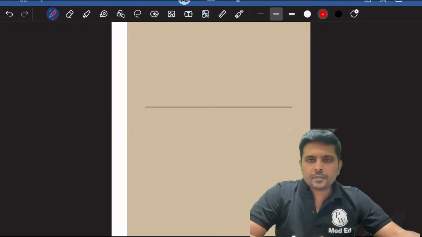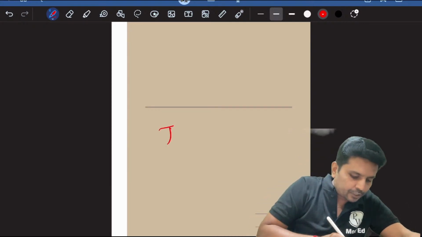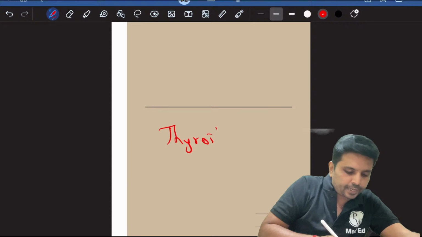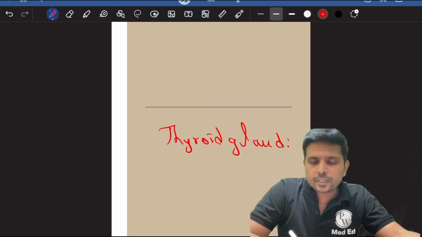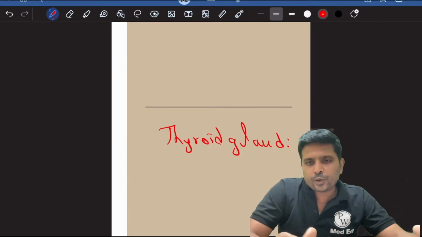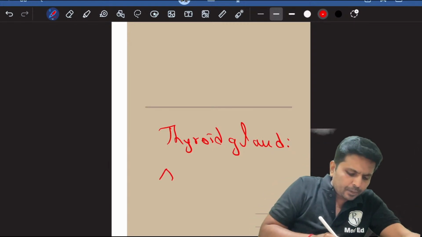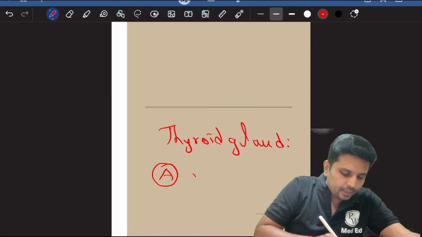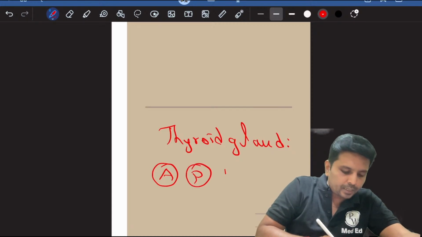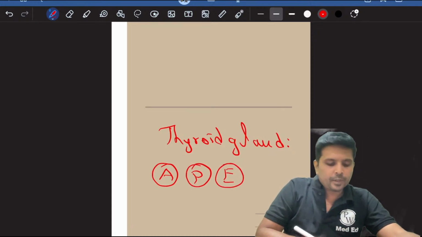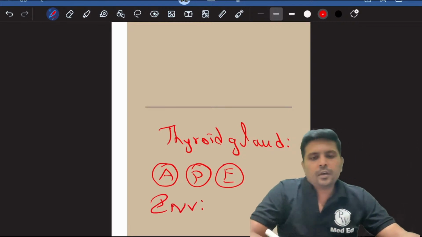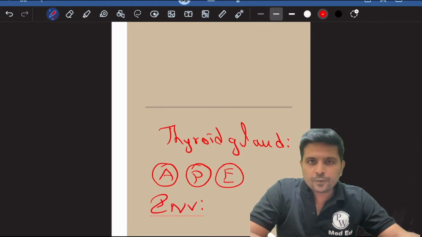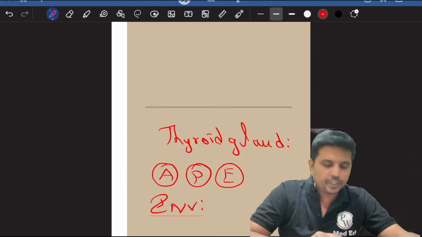Hi friends, today the topic of discussion is basics of thyroid gland. We are just going to discuss the basics today: a little bit of anatomy, a little bit of physiology, a little bit of embryology, and what are all the investigations that we do whenever we investigate a case of thyroid gland disorders.